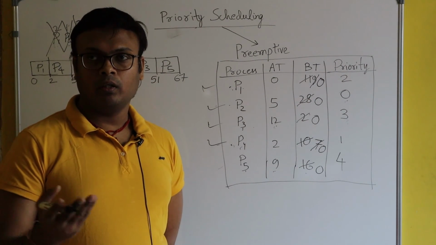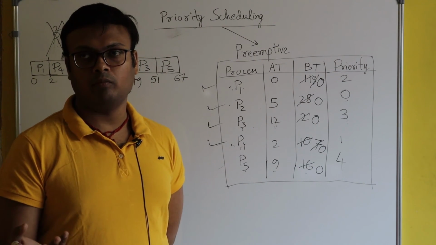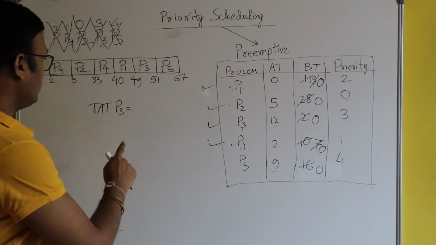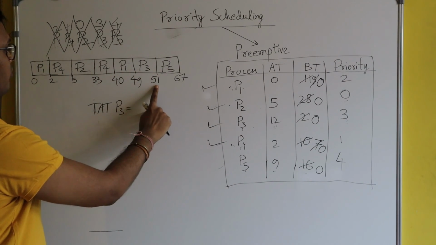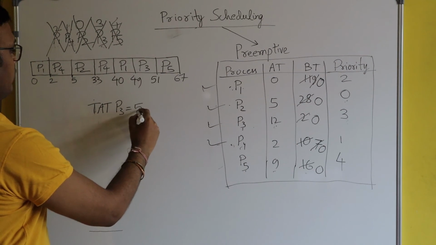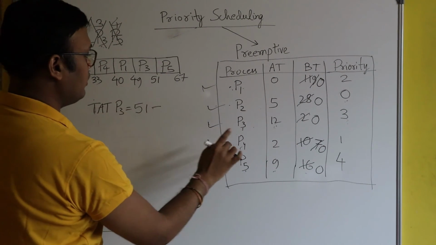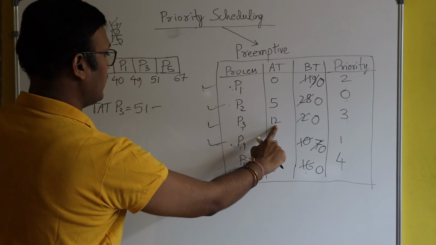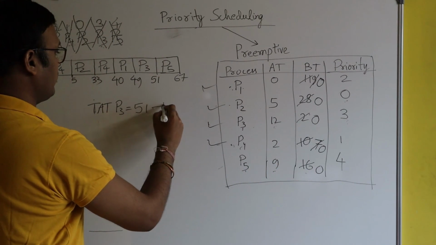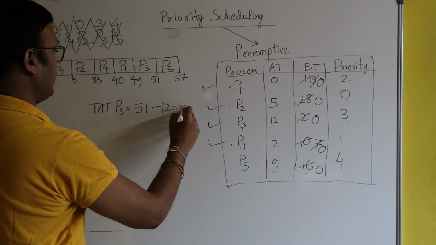It's simply completion time minus arrival time. It's so simple. So what's the completion time of P3? It's 51. Minus, what's the arrival time of P3? Arrival time of P3 is 12 seconds. So 51 minus 12, 39.